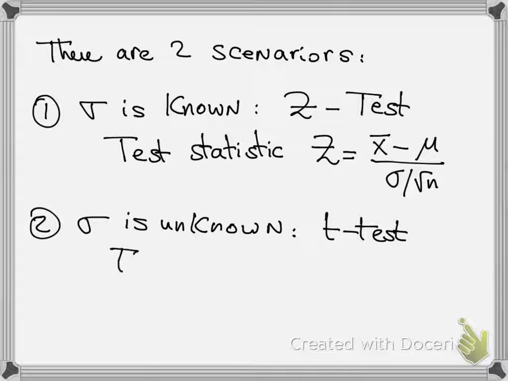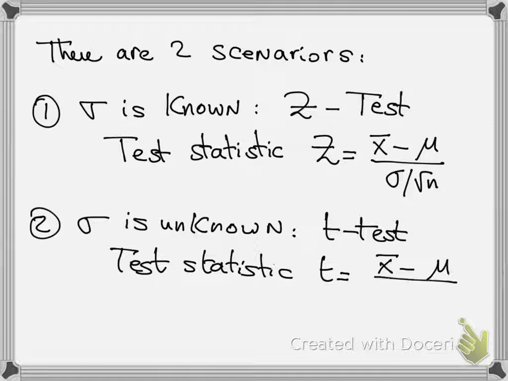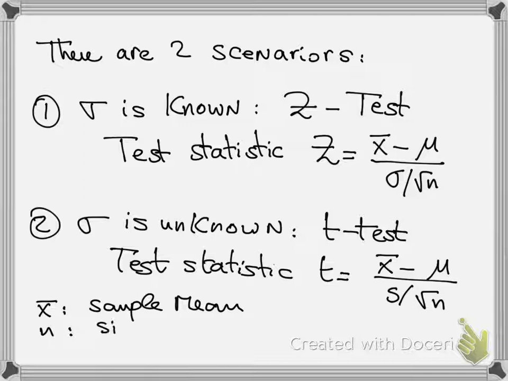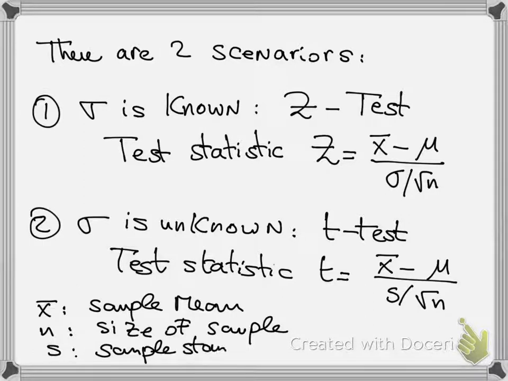The test statistic t is equal to x bar minus mu over s divided by square root of n, where the population standard deviation sigma is unknown so we use the sample standard deviation. Here x bar is the sample mean, n is the size of the sample, and s is the sample standard deviation.